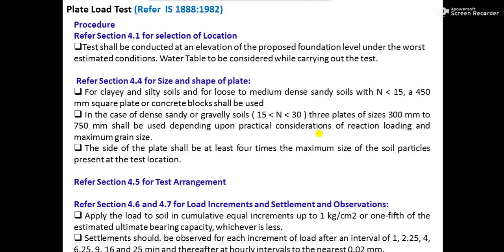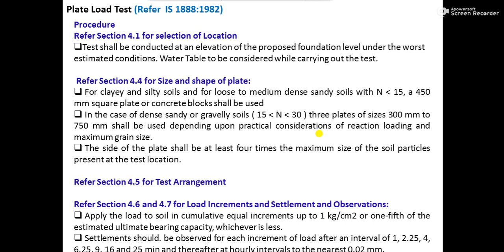Okay. Now the next part is the rate of loading. That is very important. You should use a load increment of 1 kg per centimeter square. This is very important. 1 kg per centimeter square, you should convert it to Newton per millimeter square or megapascal if you want to convert it into SI unit. Okay. And then the next part is very, very important, that is when you should observe the settlement.